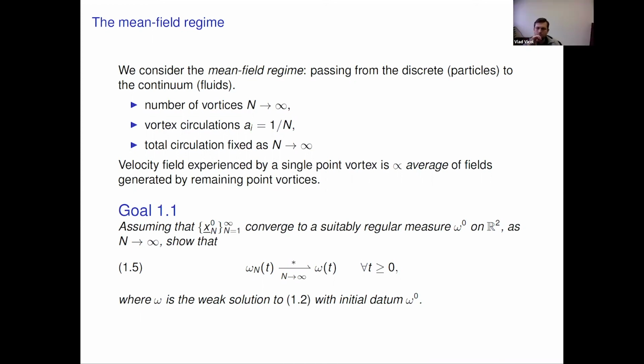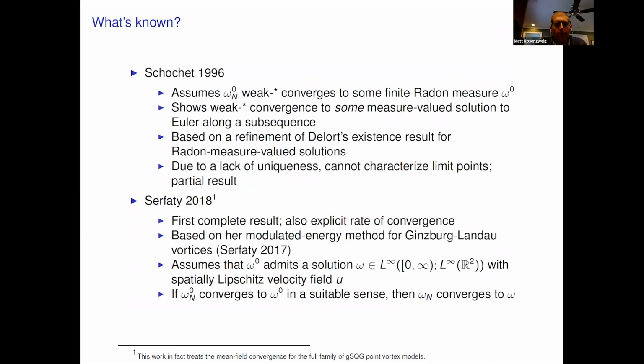Okay. So what's known about this topic? Well, the first result I'm aware of is by Schochet, and I think that's how it's pronounced, in the mid-1990s. This assumes that the initial empirical measures converge to some Radon measure, omega naught, in the plane. And it shows that you have weak star convergence of the time-evolved empirical measures to some measure-valued solution to the Euler equation along a subsequence.